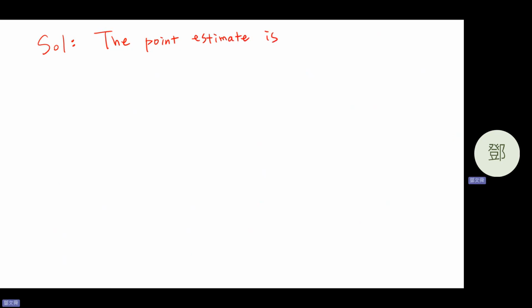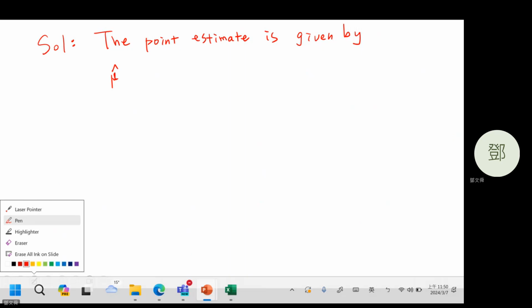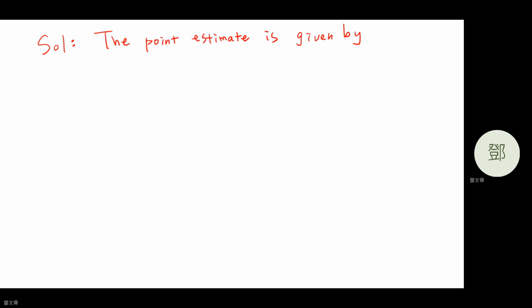The point estimate is given by X bar. Mu hat equals x bar, equals the average of x1, x2, all the way to x50.